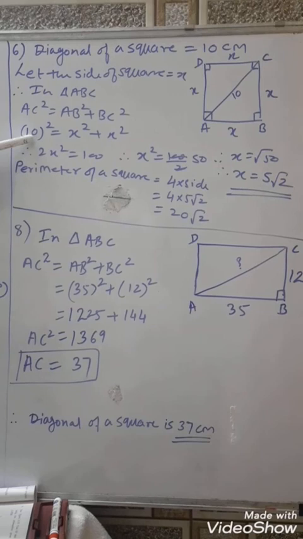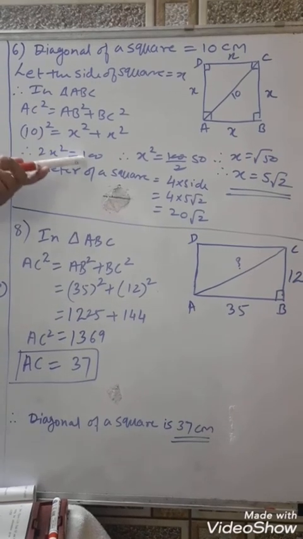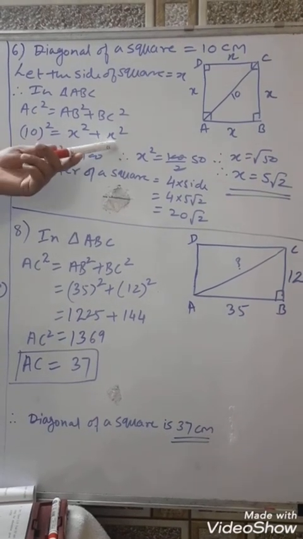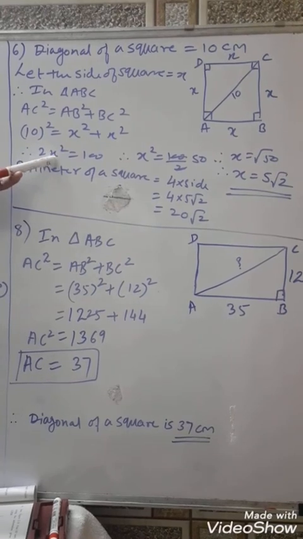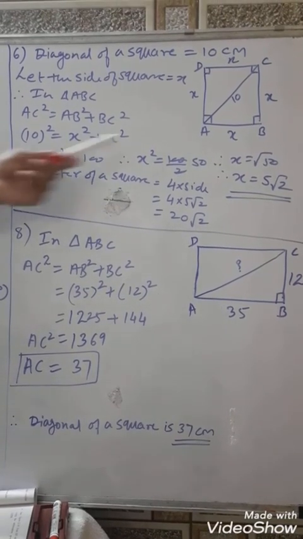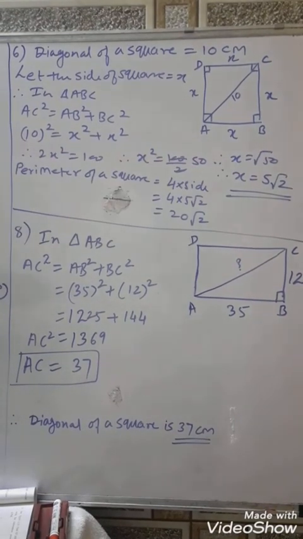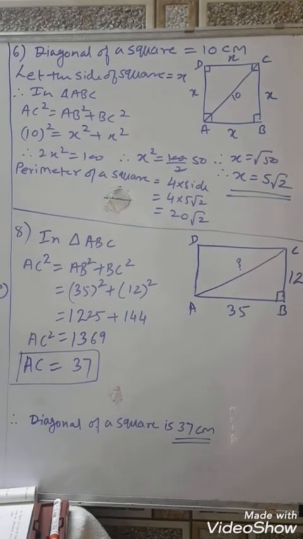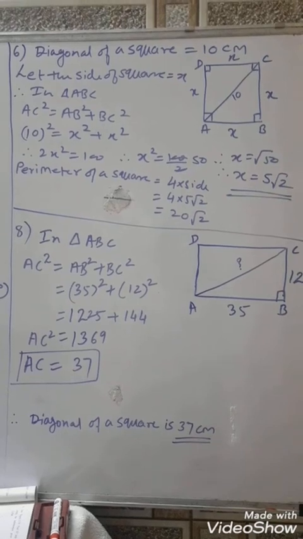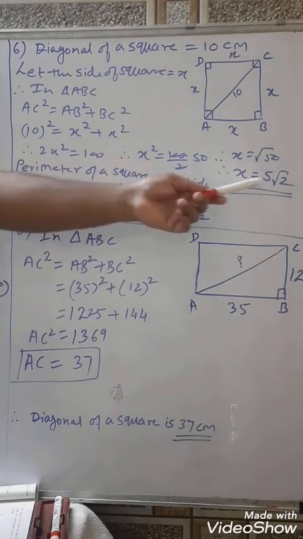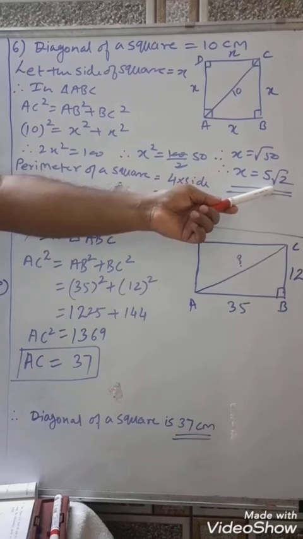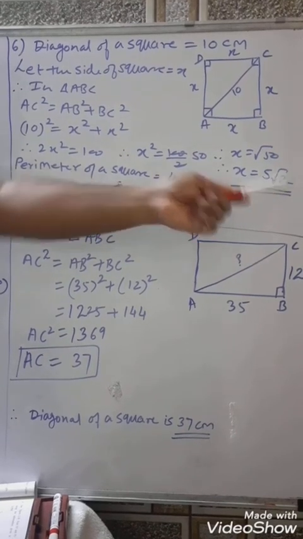So square of 10 is 100. x square and x square, you get 2x square. 100 divided by 2, you get 50. Then we find the square root of 50, that is 25 into 2. The square root of 25 is 5. So x equals 5 root 2. You got the side of the square is 5 root 2.